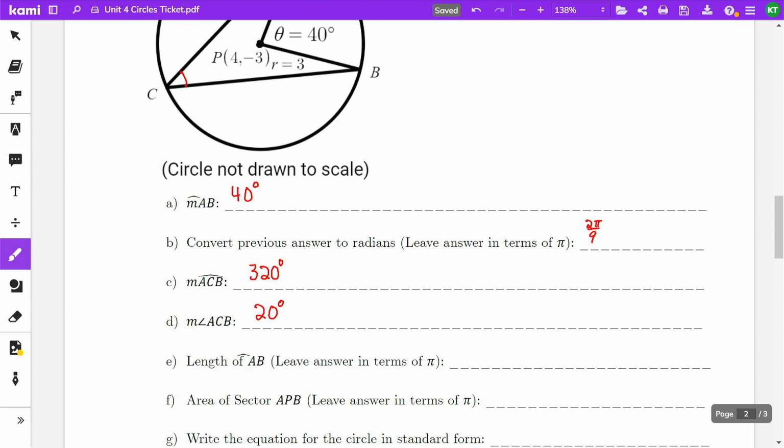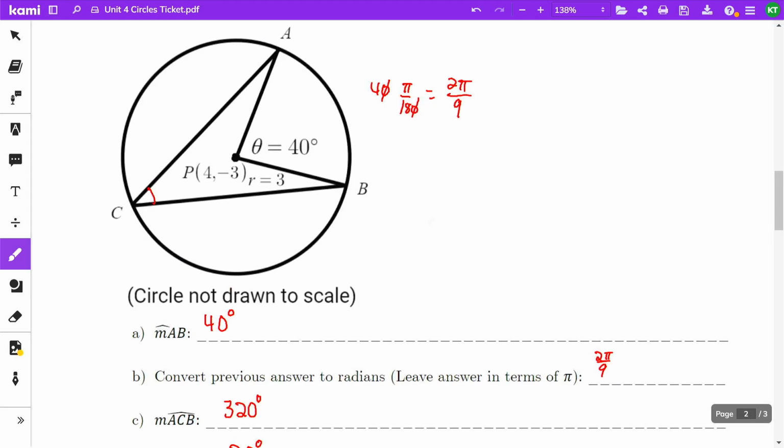And next, I'm going to do the length of AB and the area of the sector APB. For both of these, I am going to work in radians because, like I mentioned in Form A, it will be easier to simplify in terms of pi. The simplified formulas are a lot easier to use in radians than the simplified versions or even regular versions of the other two.